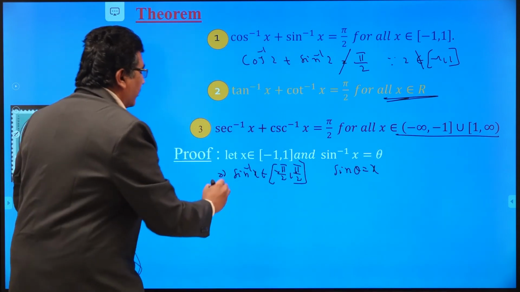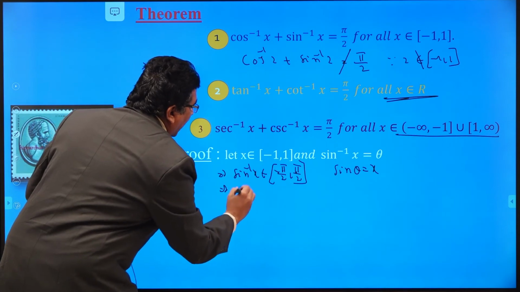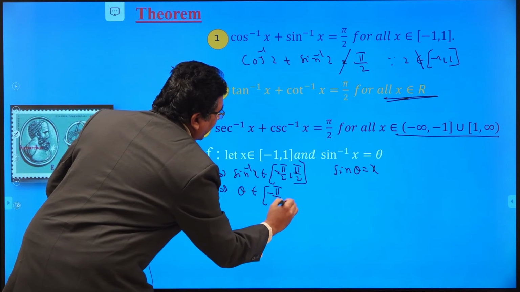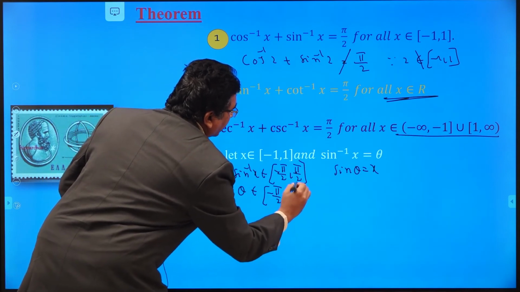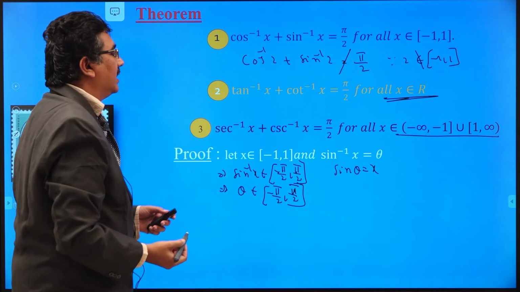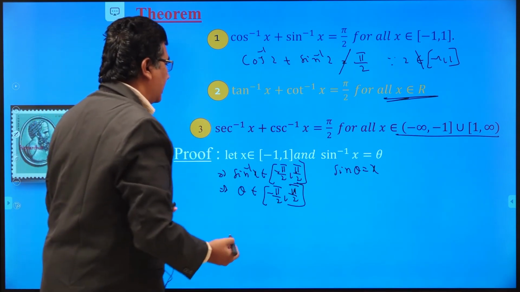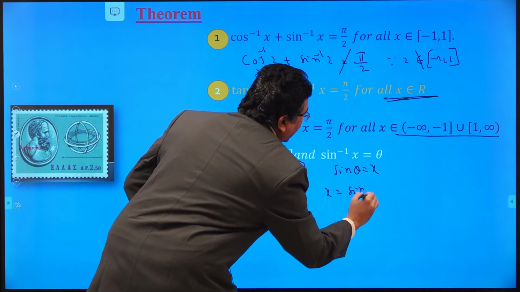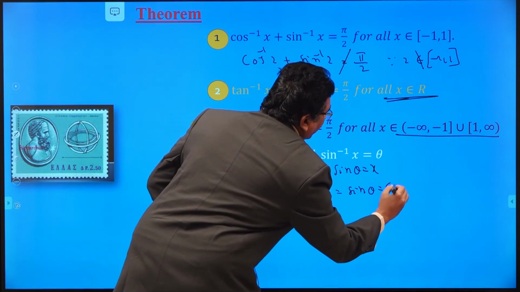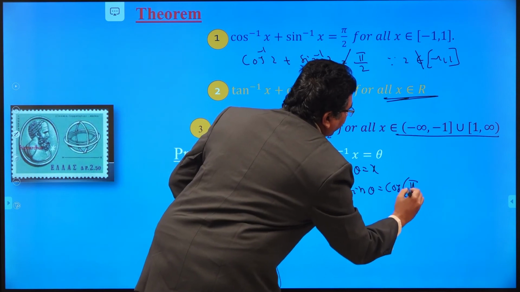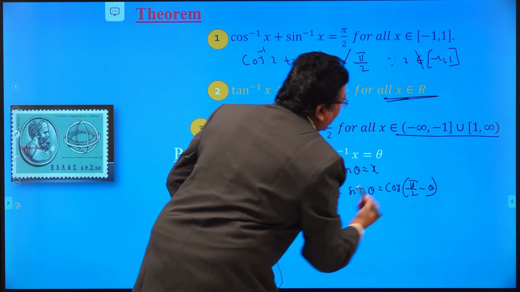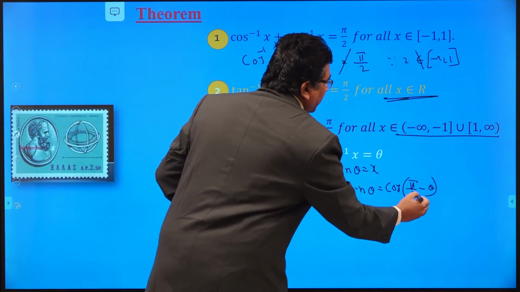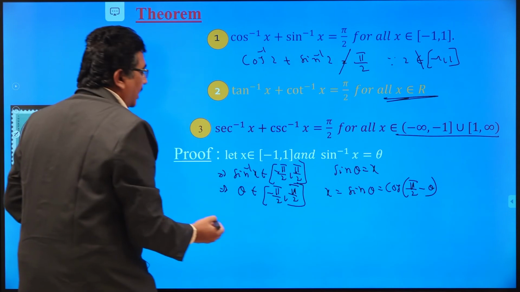X is equal to sin theta, that is equal to cos of pi by 2 minus theta. Here this is pi by 2 minus theta.